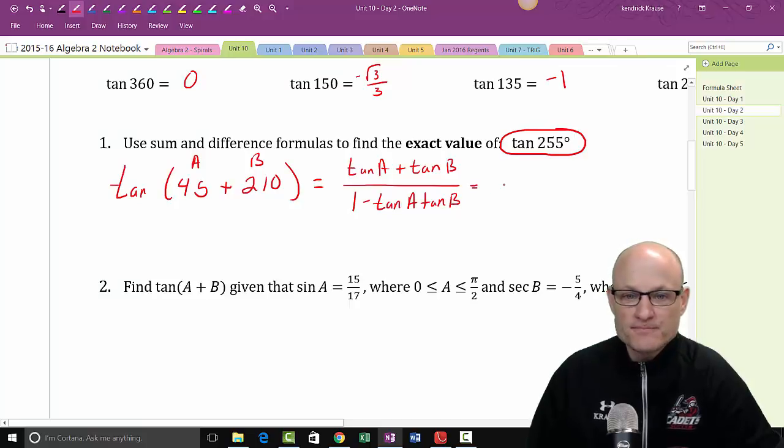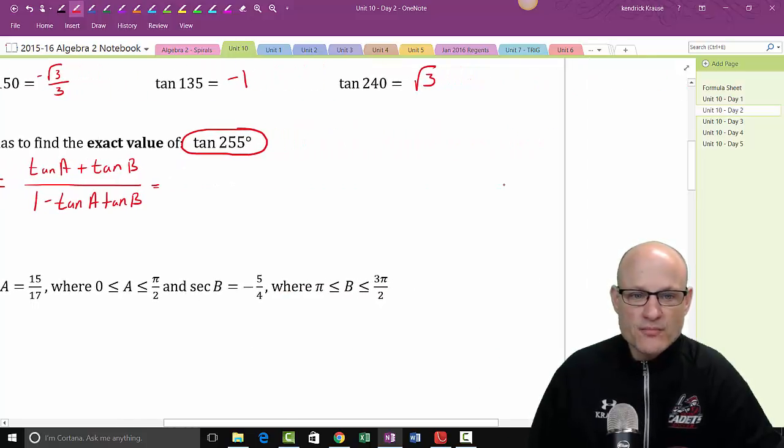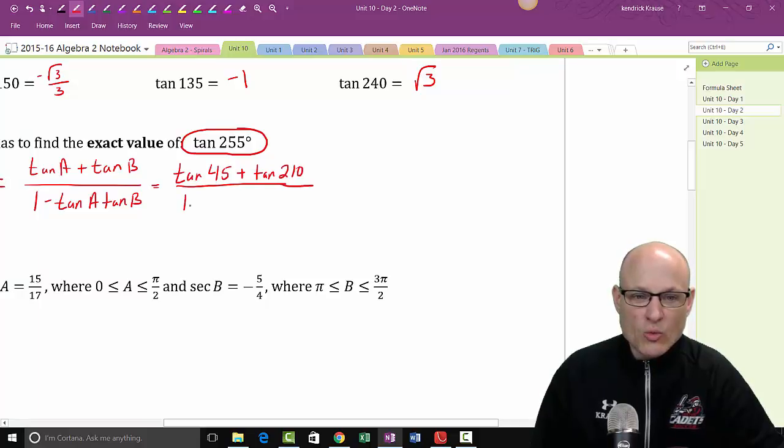All right, so let's sub in the formula. So it's the tangent of 45 plus the tangent of 210 all over 1 minus the tangent of 45 times the tangent of 210.